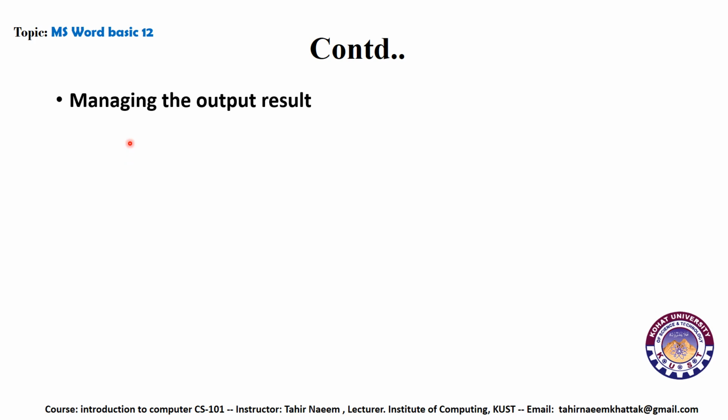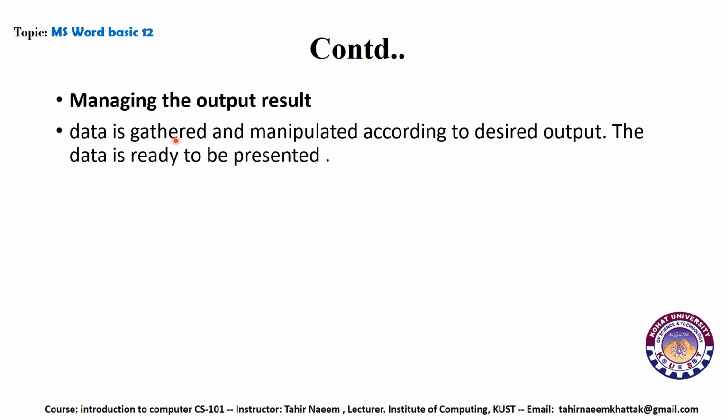The third function of electronic data processing is managing the output result. Data is gathered and manipulated according to the desired output. The data is ready to be presented. After applying these steps, the data will be in a shape according to our requirement.